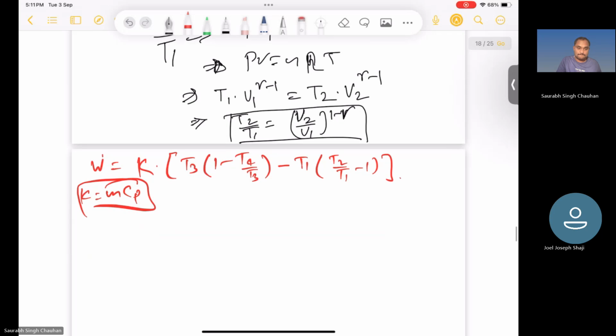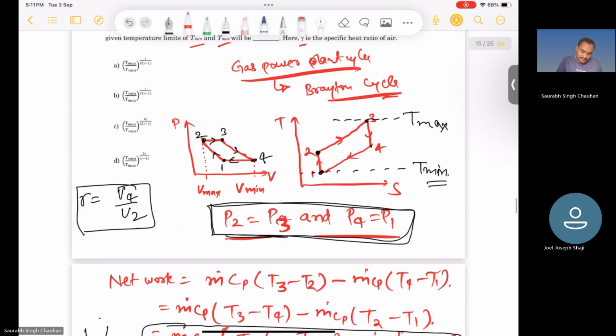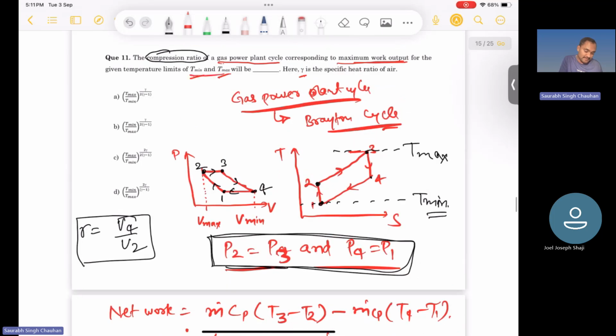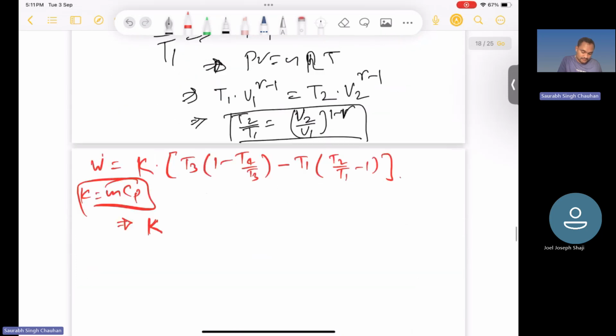Now we'll substitute all these values. What is fixed here? Here, T3 and T1 are fixed because the minimum and maximum temperatures are fixed. So instead of T3, we can write T max, and instead of T1, we can write T min.